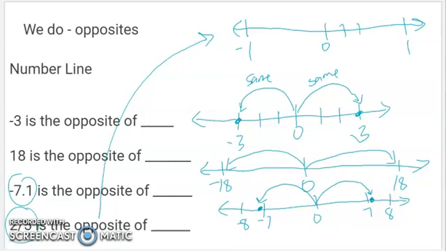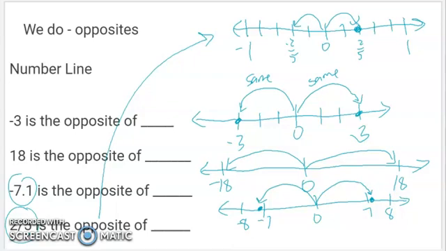That's 1/5, 2/5, 3/5, 4/5, 5/5 is 1. 1/5, 2/5, 3/5, 4/5, -5/5 is -1. So 2/5 is here, that far. -2/5 is here. It's 2/5 in the opposite direction. So same number, opposite direction, same distance from 0. That's how it works. Go ahead and pause now.